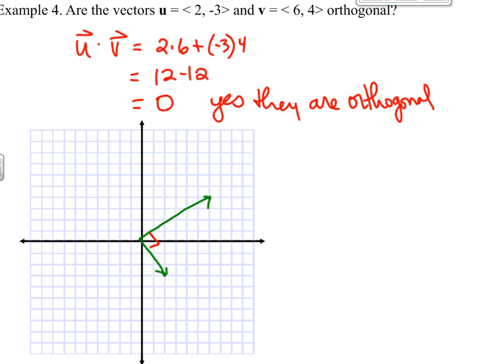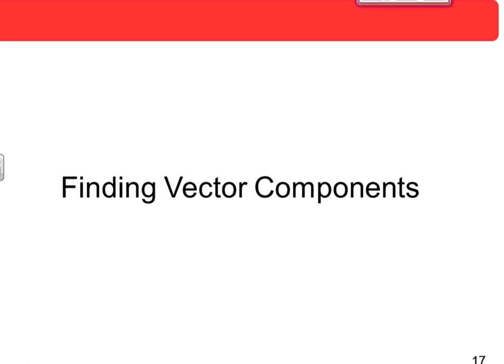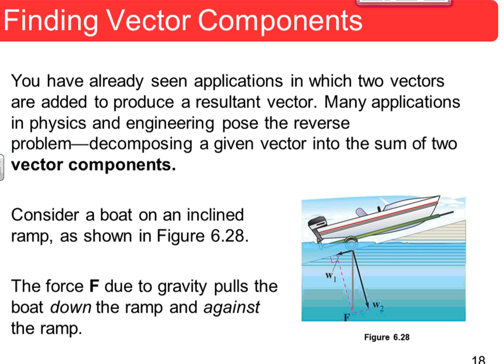Now we want to talk about vector components. So finding vector components is our next little section here, and that's what I want to look at a little bit more today. You have seen applications in which vectors are added to get the resultant vector, and a lot of things in physics and engineering may have the reverse problem, decomposing a vector into the sum of two vector components.